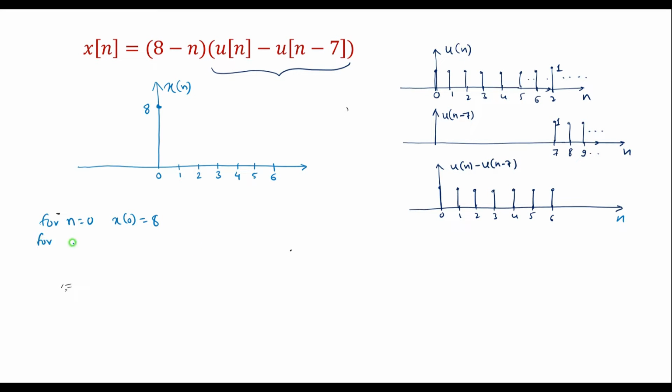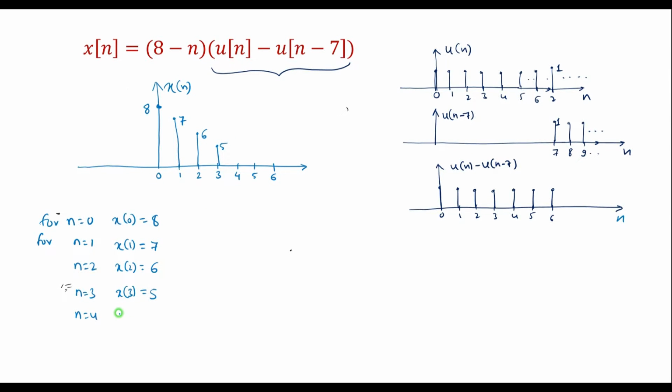Now for n equal to 1, x of 1 will be, substituting n equal to 1, 8 minus 1 is 7. At n equal to 1, the value is 7. Similarly for n equal to 2, x of 2 will be 6. At n equal to 3, x of 3 is 8 minus 3, which is 5.